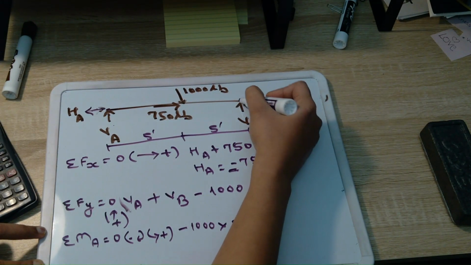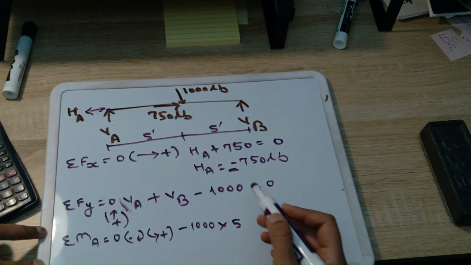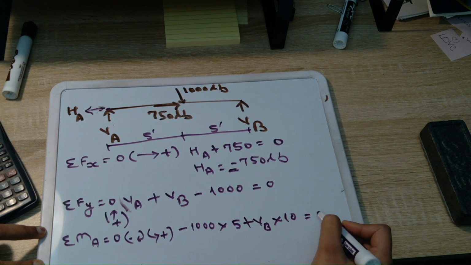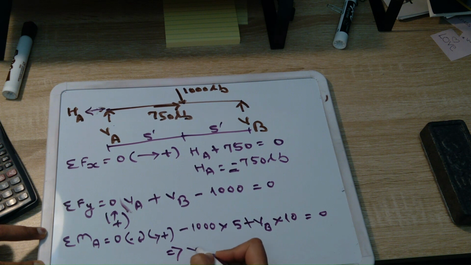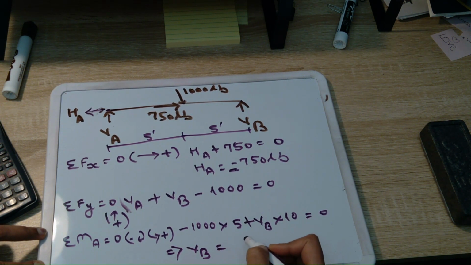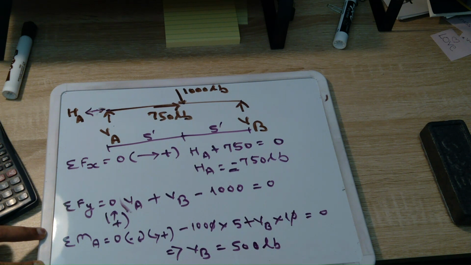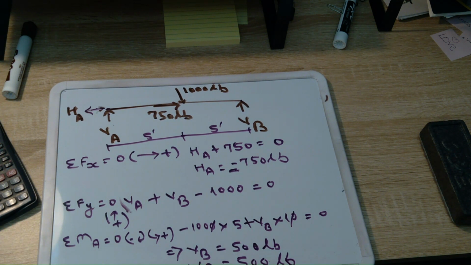Now moment produced by VB, it is positive, plus VB into 10 is equal to 0. Therefore we will get VB is equal to 500 lb, and from this VA is equal to also 500 lb. This is how we apply equations of equilibrium for solving support reactions.